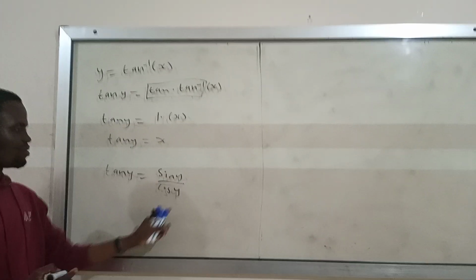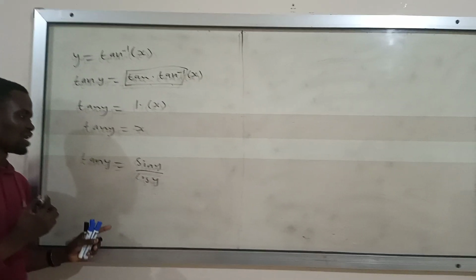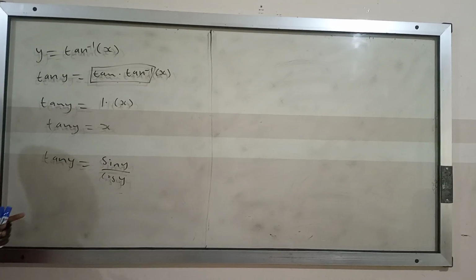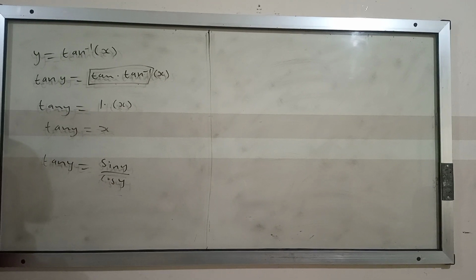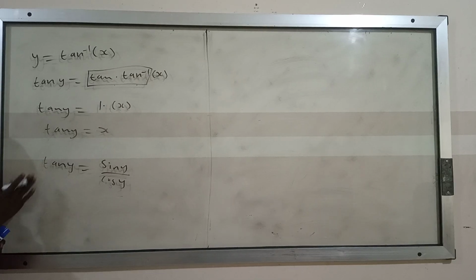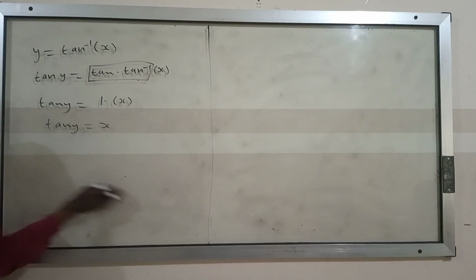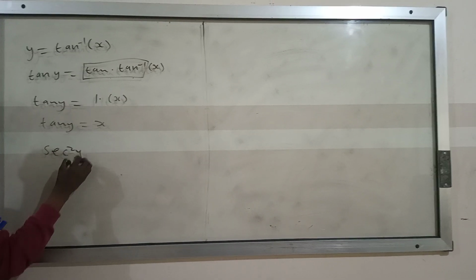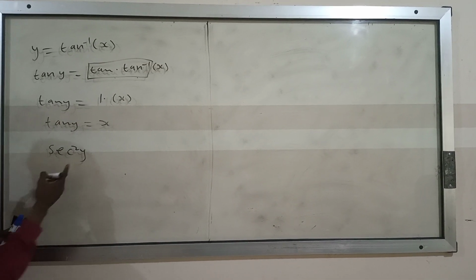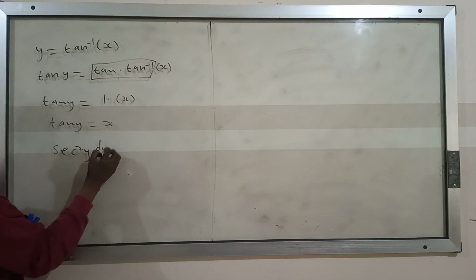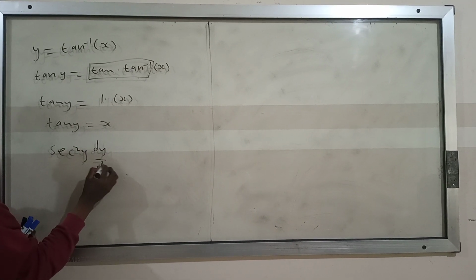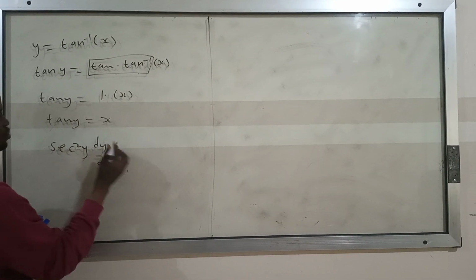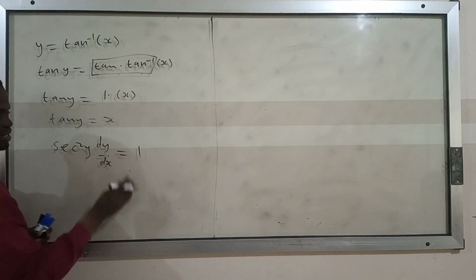And I hope you've done this from the previous video, that whenever you differentiate tan y, you're going to get sec square y. But because it is y, we attach dy/dx, which is equal to, differentiate this side, you get 1.